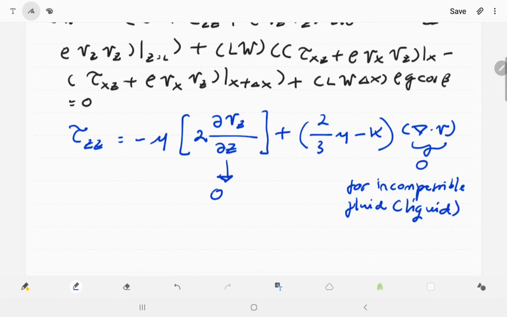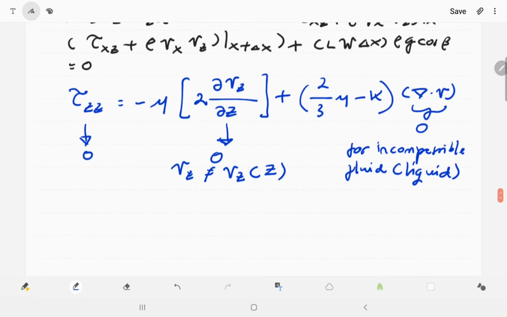Okay, so this one is equal to 0 because Vz is not a function of z. If Vz is a function of z, that means we will have an acceleration because Vz will change. It can be acceleration or deceleration because basically Vz changes as we go down the distance. And this one will be equal to 0.